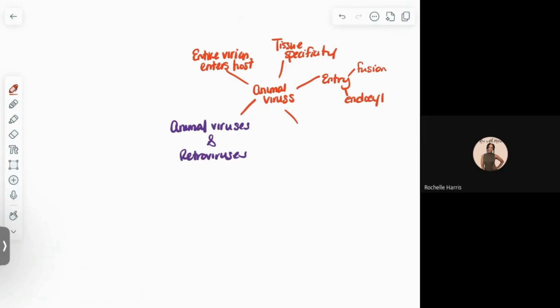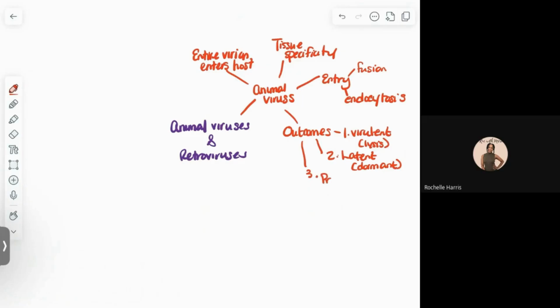Following entry, uncoating releases the genome into the cytoplasm or nucleus. This step is crucial for determining the site of replication, as DNA viruses often replicate in the nucleus, while many RNA viruses replicate in the cytoplasm.